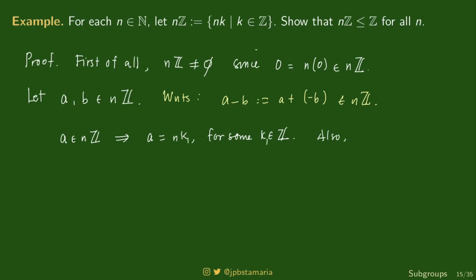Kasi I will consider another element. Let's say B. B is in NZ, so I can write B as NK2 for some K2 in Z. Tama? Nakakasunod?